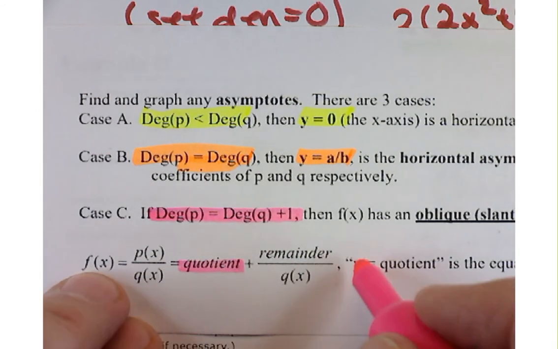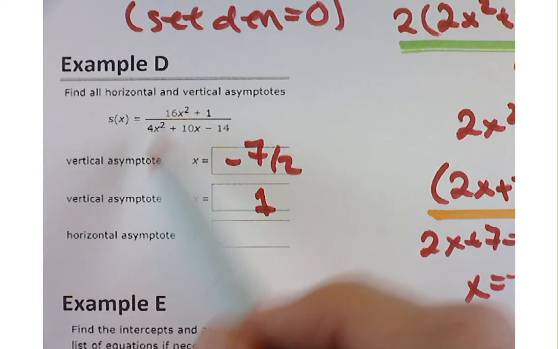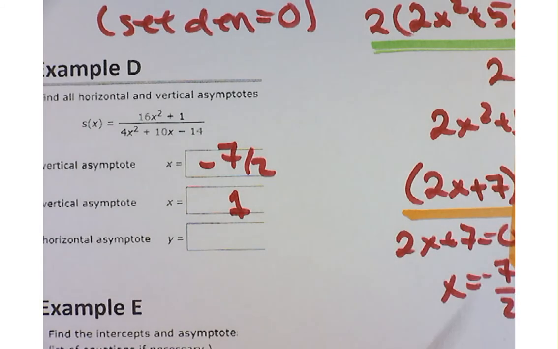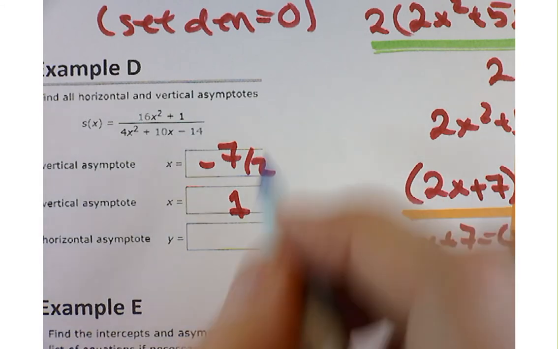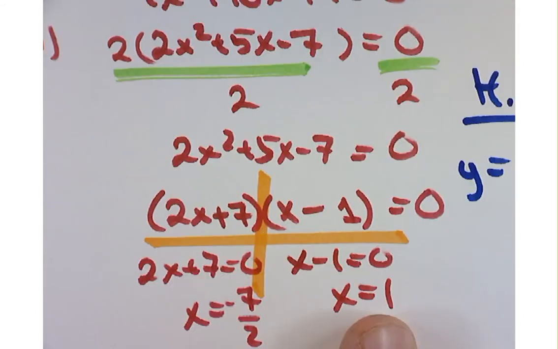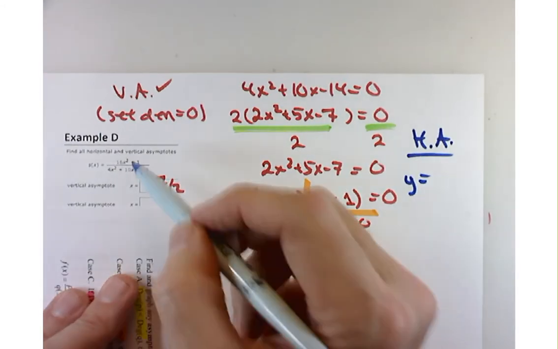Quotient. All right, so I think somebody volunteered the correct answer here. It's case B. So our horizontal asymptotes are just going to be the ratio of these leading coefficients. So the horizontal asymptote will be y equals what over what? 16 over 4.